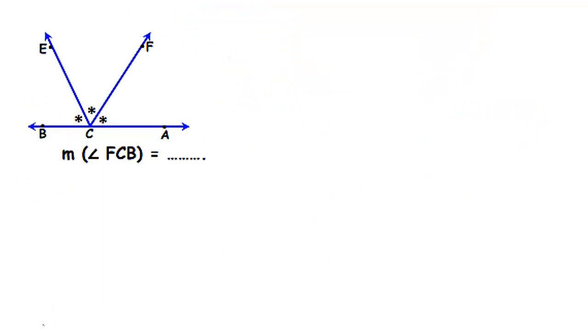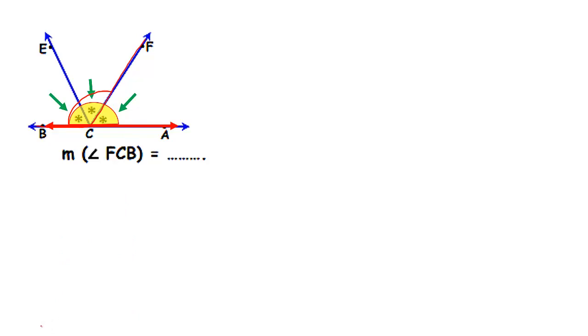I want to find the measure of angle FCB. Here is FCB. So, I am looking for the 2 angles together. The 3 angles are on the same straight line, so they should sum up to 180 degrees. And remember, those signs put in each one of the angles mean that the 3 angles are equal in measure.